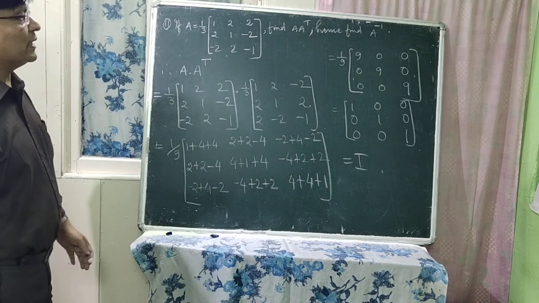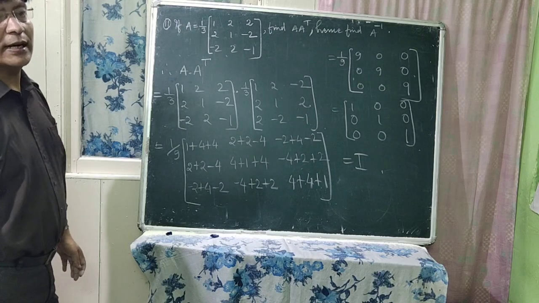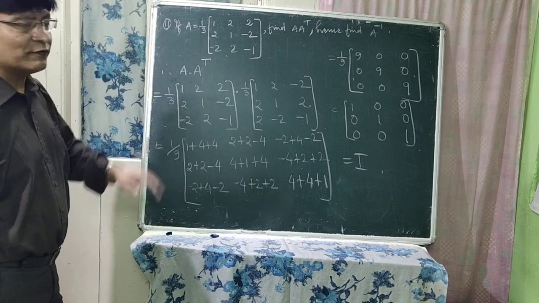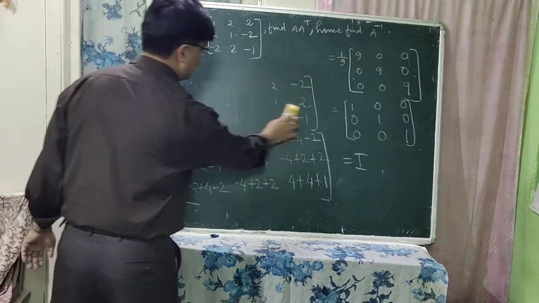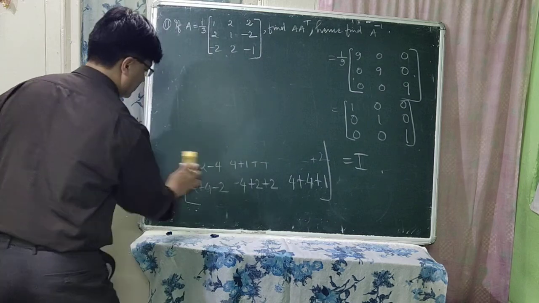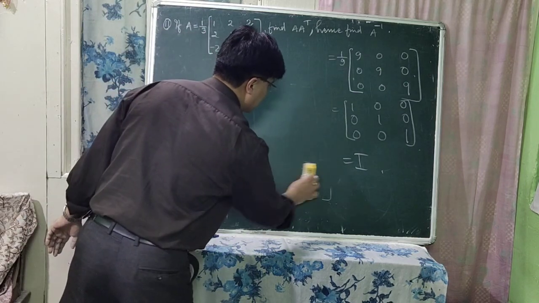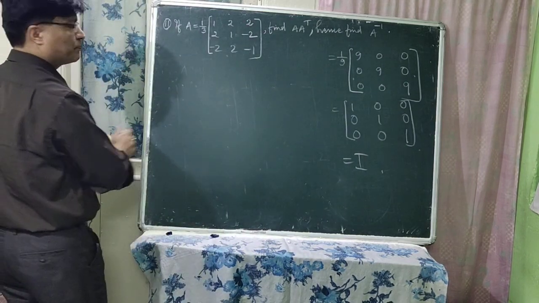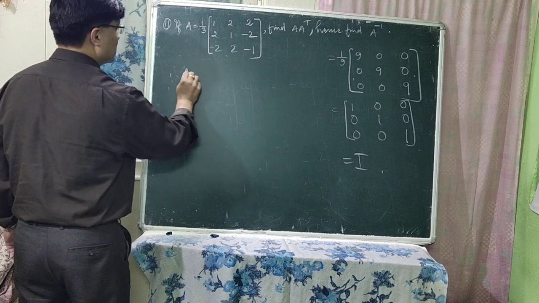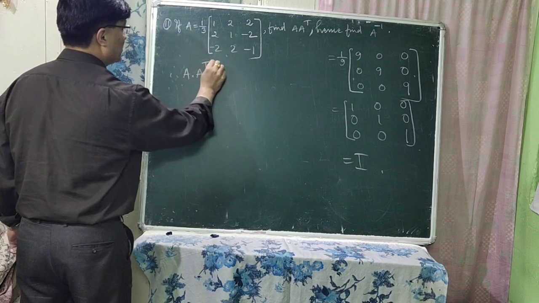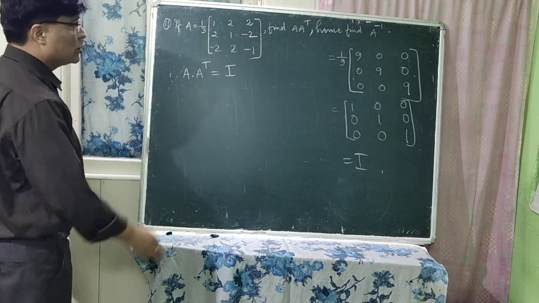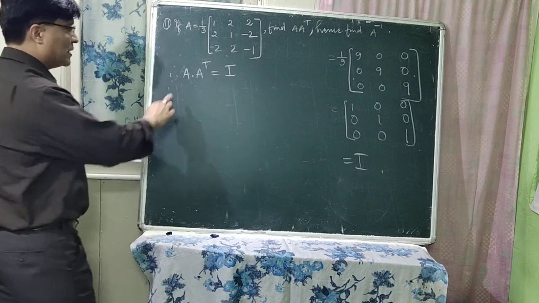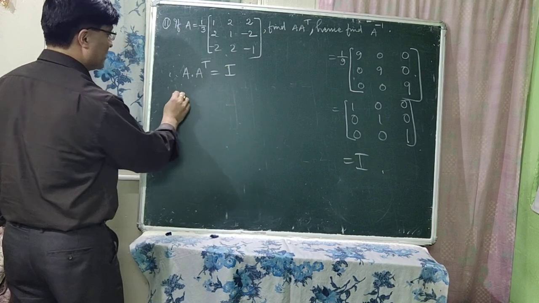So we have found out A dot A transpose is equal to I, and hence you have to find out A inverse. So let us find out A inverse now. How can you get this A inverse now? We have just now proved that A dot A transpose is equal to I. So in order to get A inverse, let us take this A to the right hand side.